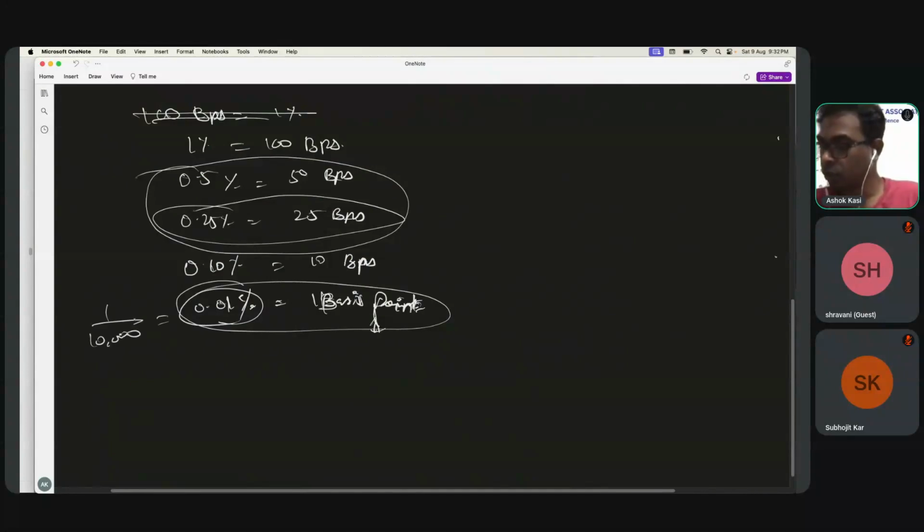Remember this one. In economics, in the forex topic, it is called 1 pip. Pip means percentage in points.